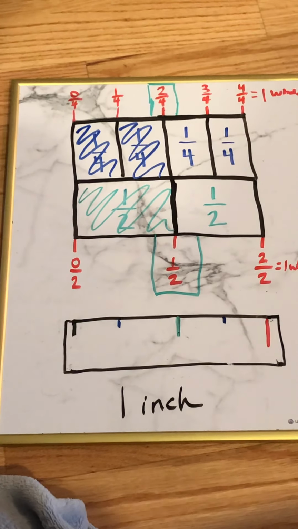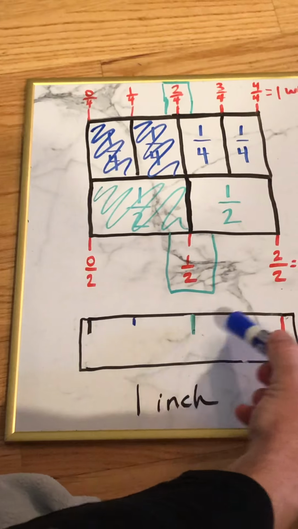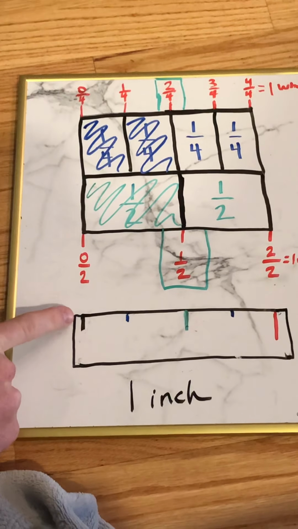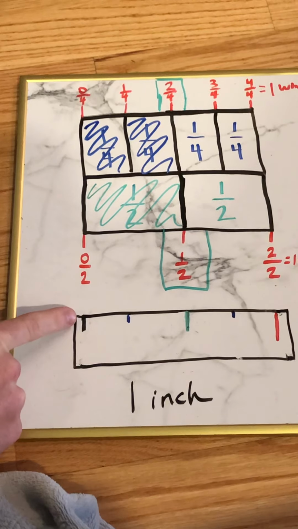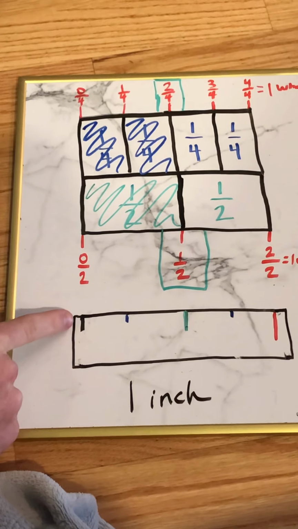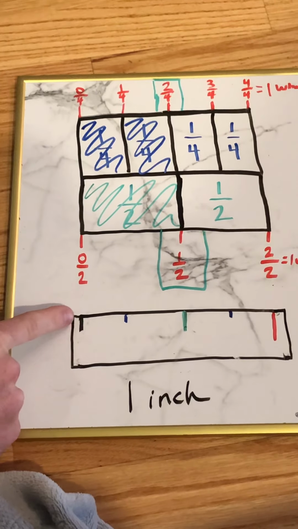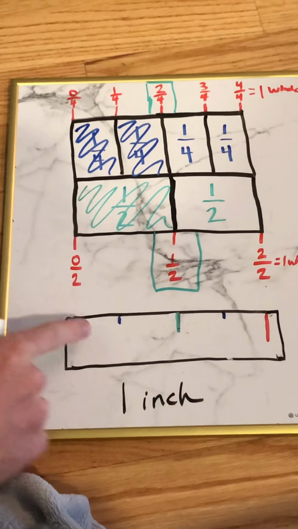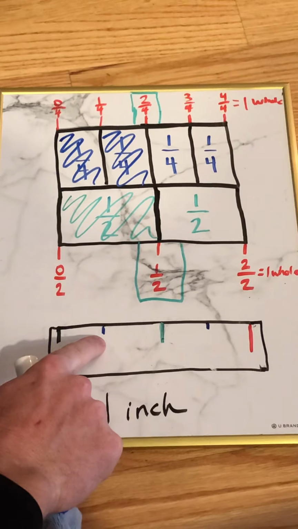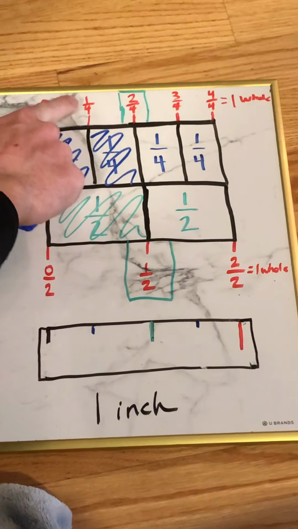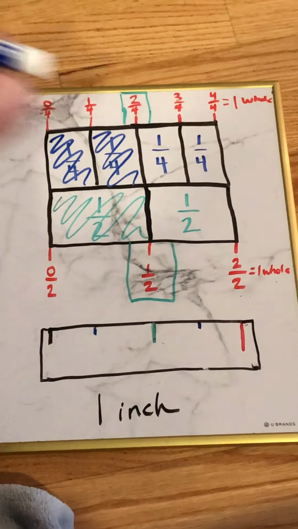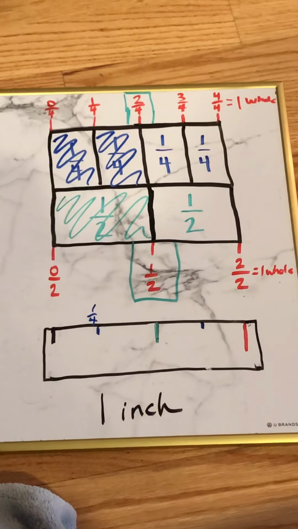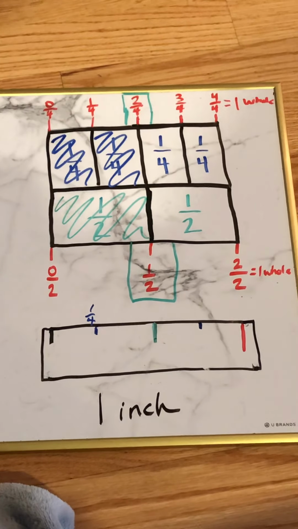So what we're going to do is label each one. Notice this is the 0 mark. When you're learning how to measure things, you always line it up with that first tally mark on the inch ruler. Now, what would this one represent? Let's go straight up. It represents 1/4, or also people would say a 1/4 inch.